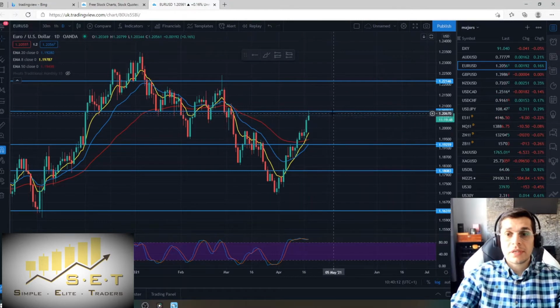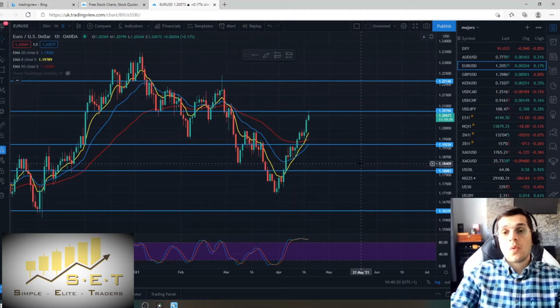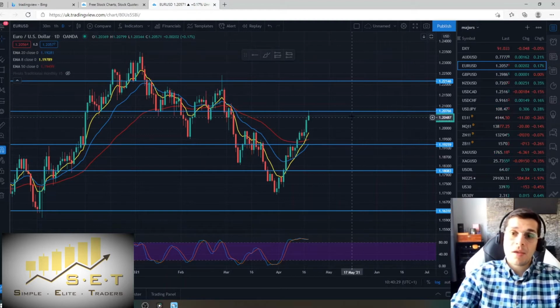I drew all these support and resistance levels on a big time frame to see where the price can react. So if we're expecting a dollar short-term buyer, meaning all the other major currencies should have a pullback, we're going to see all the major currencies and see where we are expecting this pullback.